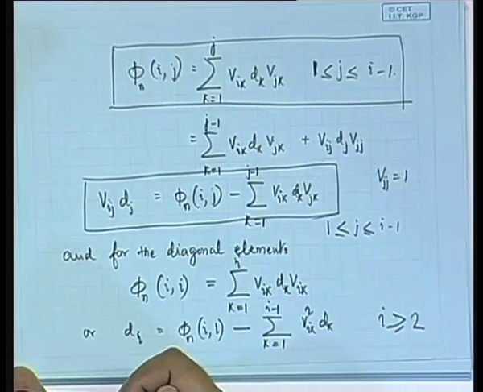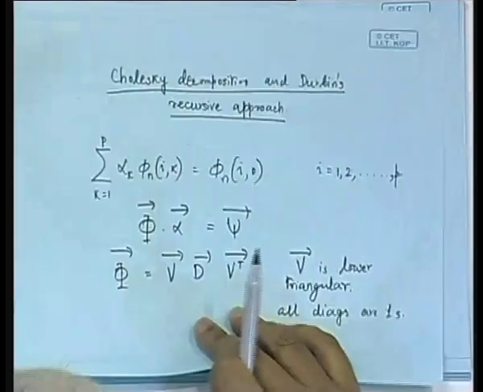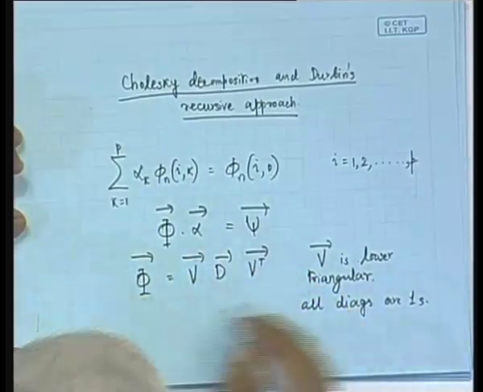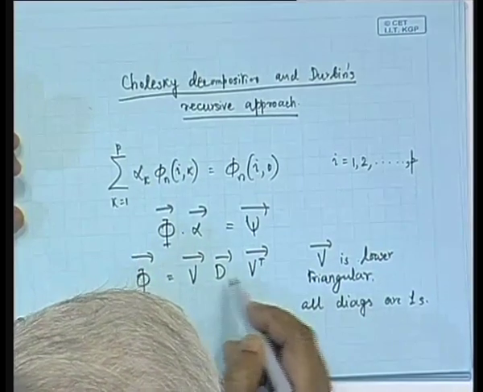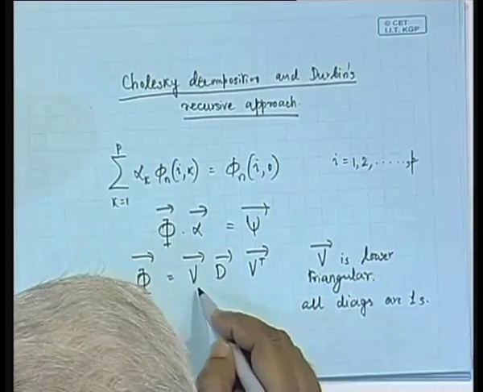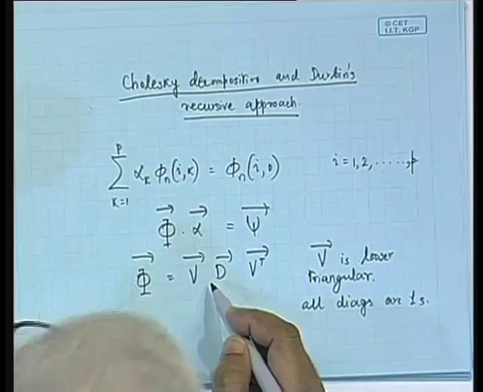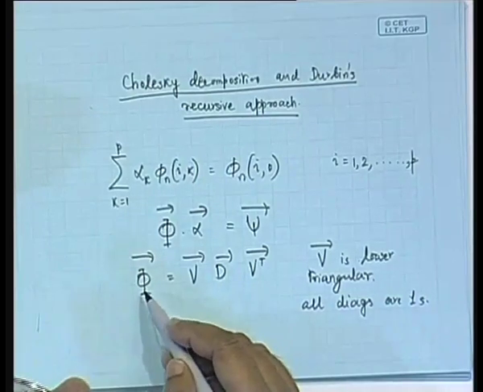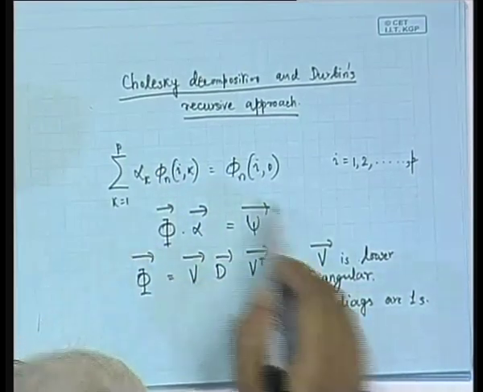So if the V matrix is known and the diagonal elements are known, then in this basic matrix equation you know V, D, and V transpose is obviously known, and by knowing V and D, it will permit us to do an efficient matrix inversion for this phi, because from this expression, what are we supposed to do?